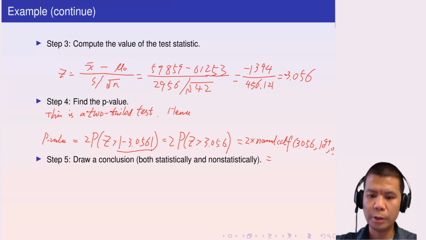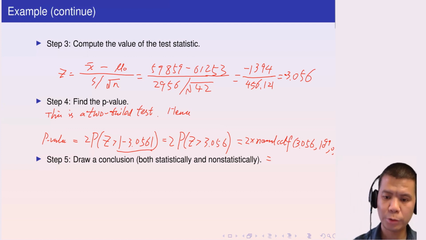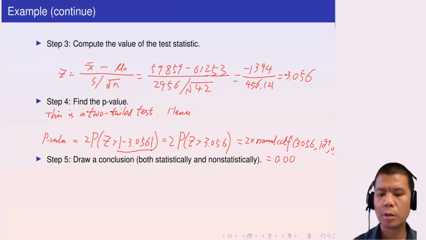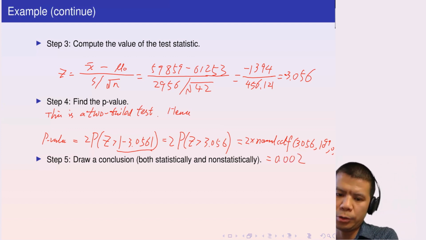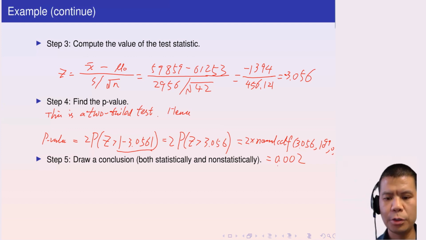Okay, so I found that this is 0.002. Now this is our p-value.